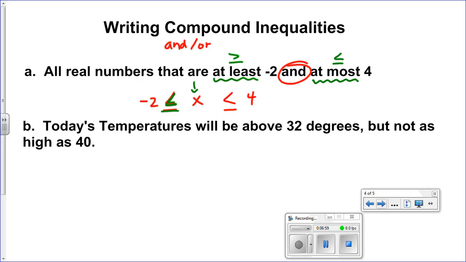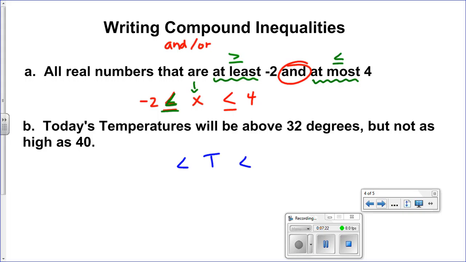Today's temperatures will be above 32 degrees, but not as high as 40. So you don't see the word and, but you're talking about something in between these two numbers. So when it's in between, or you see the word and, you know that you need to start with these two less than signs.